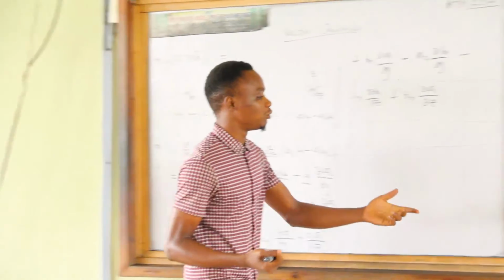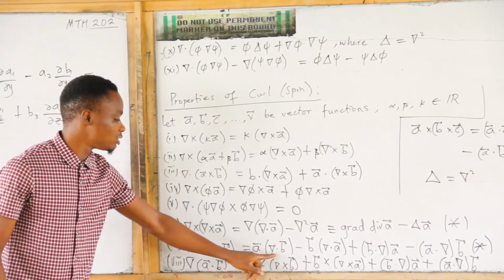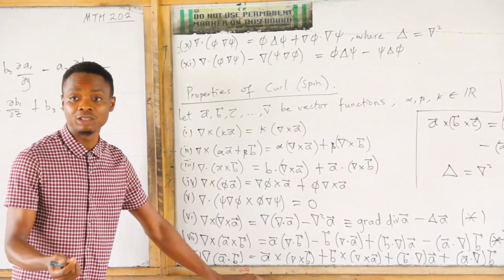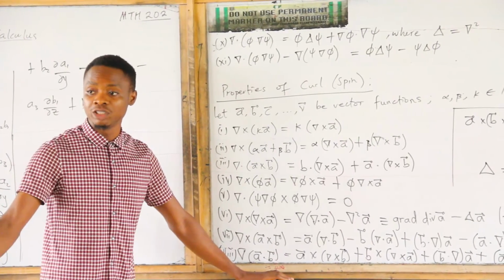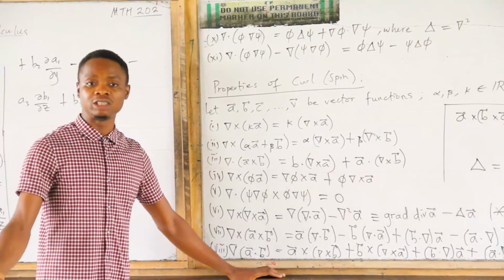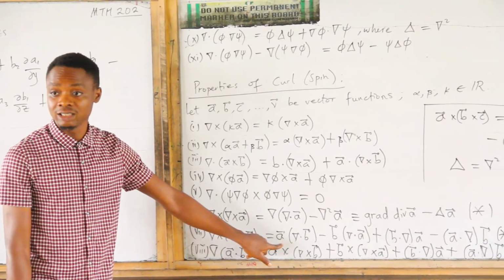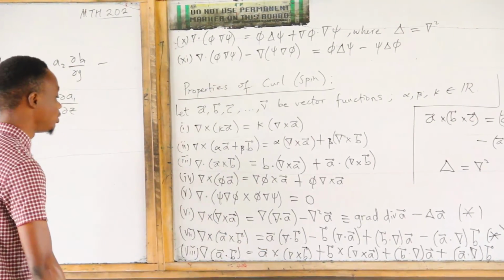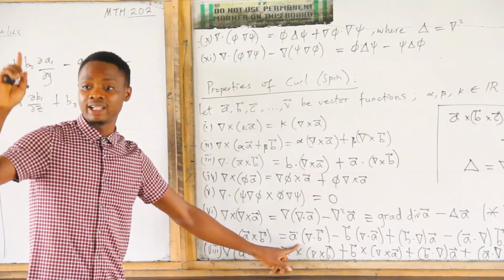So look at it. What is this one going to give you? Lambda dot B. Lambda dot B is going to give you a scalar, Abi. That is going to be del B1 del X plus del B2 del Y plus del B3 del Z, Abi. Then you want to multiply it by A. Is it making sense to you? So multiply by A1, since you want the X component.